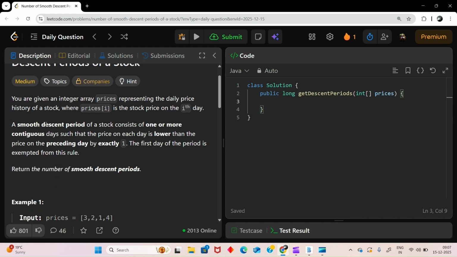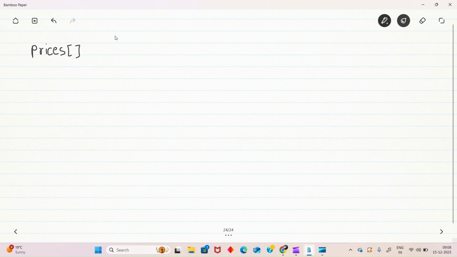A smooth descent period of a stock consists of one or more contiguous days, where the price on each day is lower than the price of the previous day. This is prices of i, the stock price.